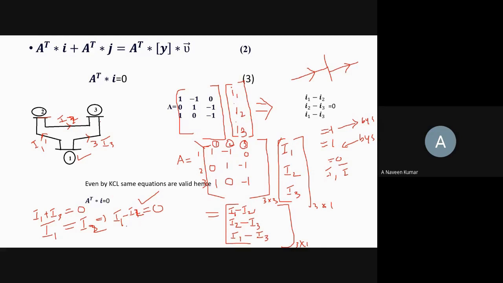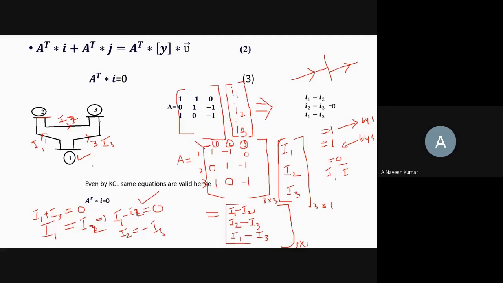That means in equation form what can we write? I2 is equal to minus I3. I think there is a mistake in the direction which we considered for this one.